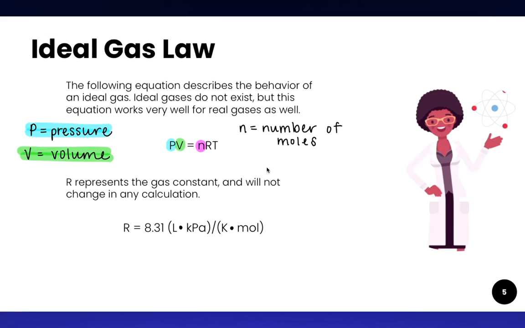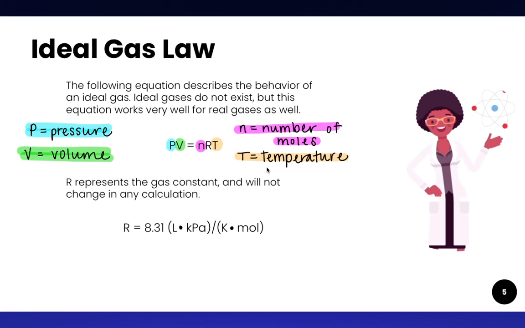We're going to skip over R, and the last one we'll talk about right now is T, which stands for temperature. Okay, so R needs to be included in every calculation, and it is a gas constant, which is used to make the math work pretty much.